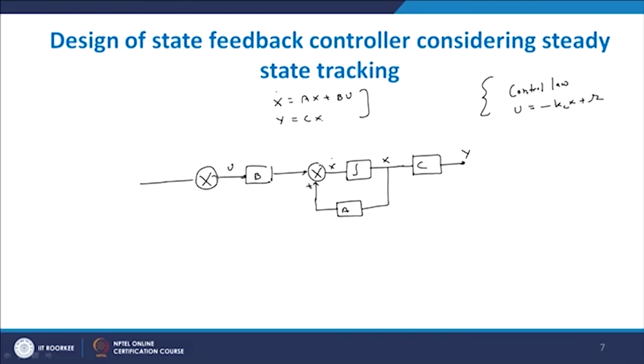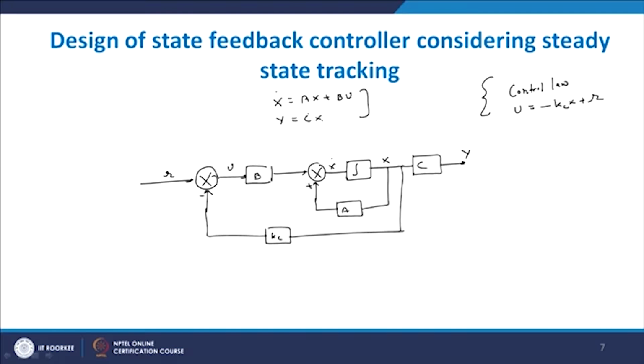Here R is a reference input, and here is a controller, Kcx plus R. So this is the control law, these are the state space equations, and now we have this diagram.